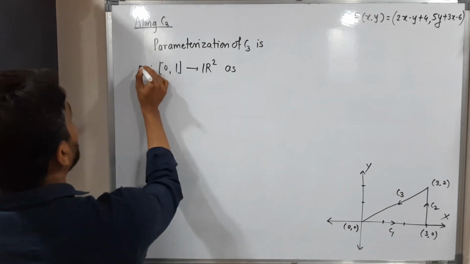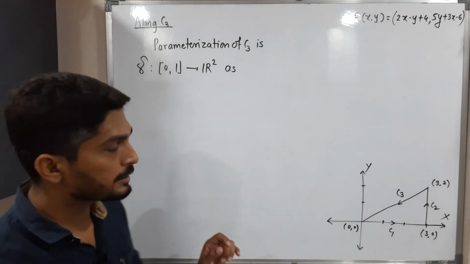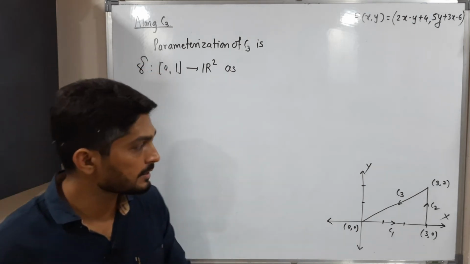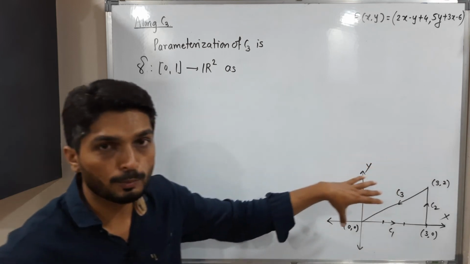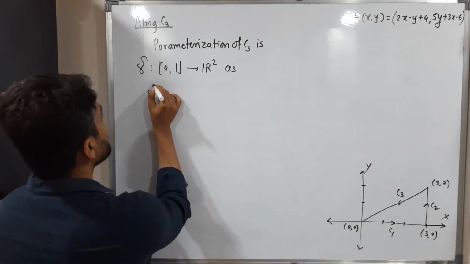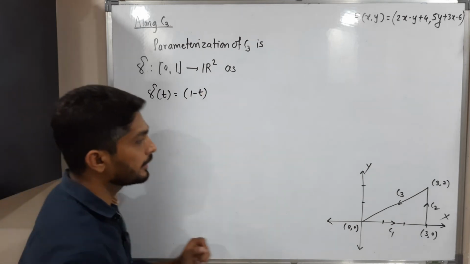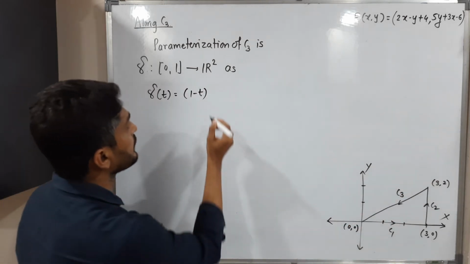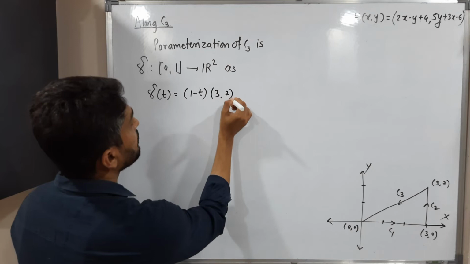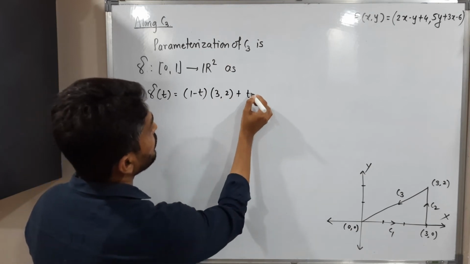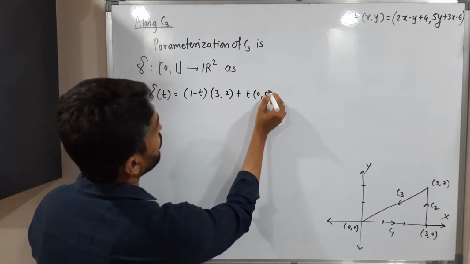So I am denoting it by gamma. Okay, it is defined on the closed interval 0, 1. Since it is a line segment, we join these 2 points. So our technique says gamma of t is equal to, yes, 1 minus t into the starting point, which is 3, 2, right? Plus t into the end point, that is 0, 0.